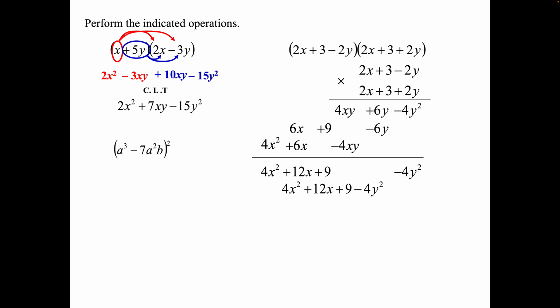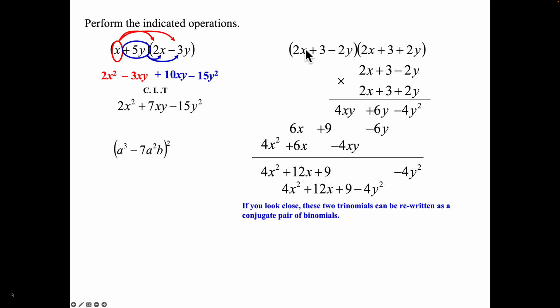Okay, now, however, there's a lot of canceling going on, and there's a reason for that. Notice it was 2x, 2x, plus 3, and then a minus 2y and a plus 2y. Folks, we can do a little manipulation to save on all of this work.